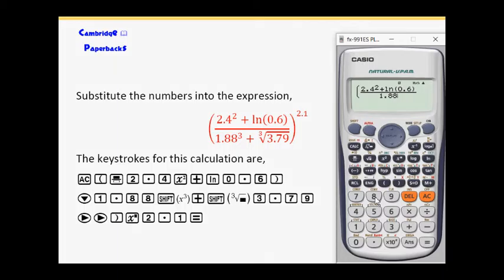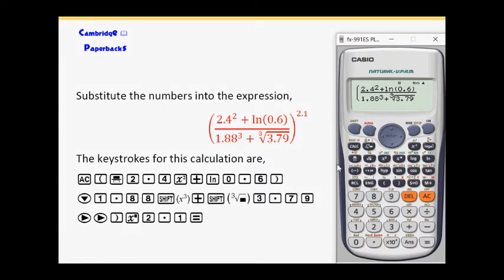then we have 1.88, we need to raise that to the power 3, so it's shift to the third, plus we need to have a third root here, so again it's a shift, and you'll see the third root, and you then enter the number 3.79.